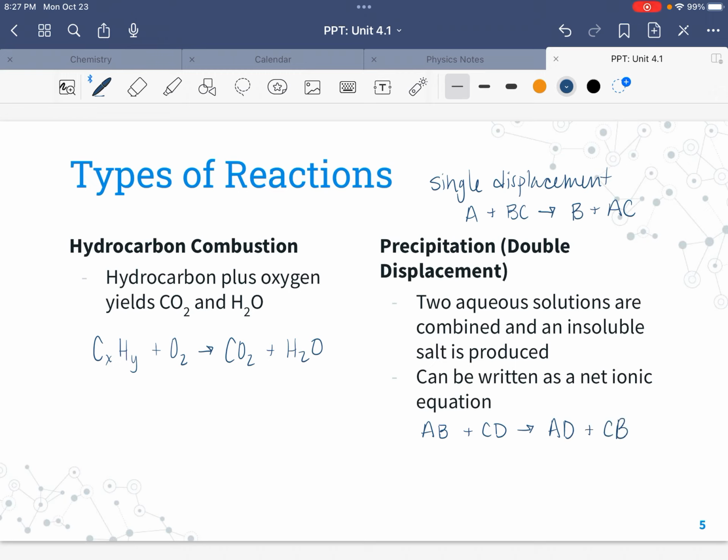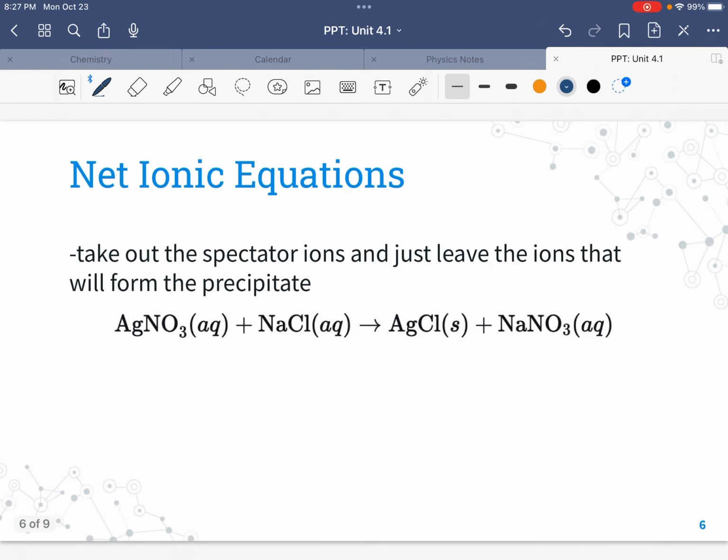Now one thing to note is that with our precipitation reactions, we can write them as net ionic equations, which is slightly new compared to what we talked about in chemistry. When we are doing net ionic equations, we're going to take out the spectator ions. Spectator ions are not involved in forming the precipitate.